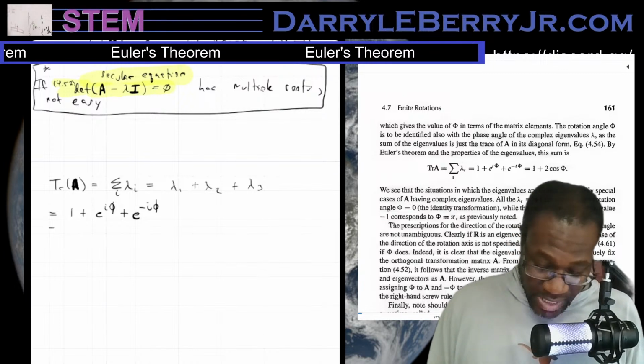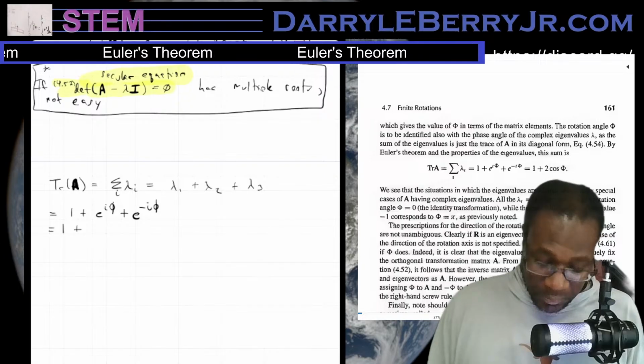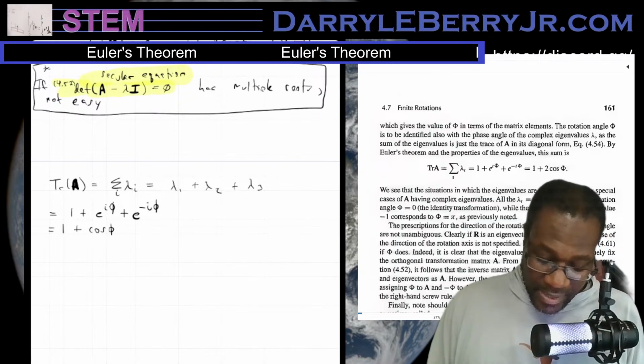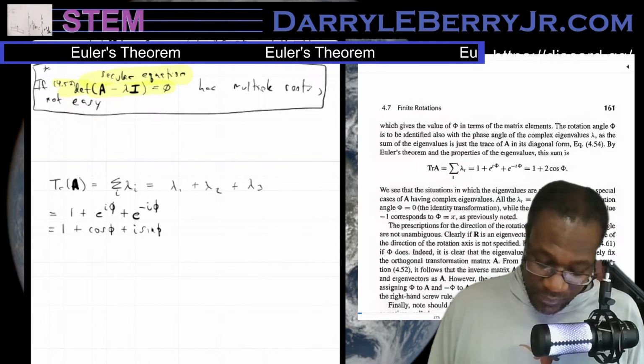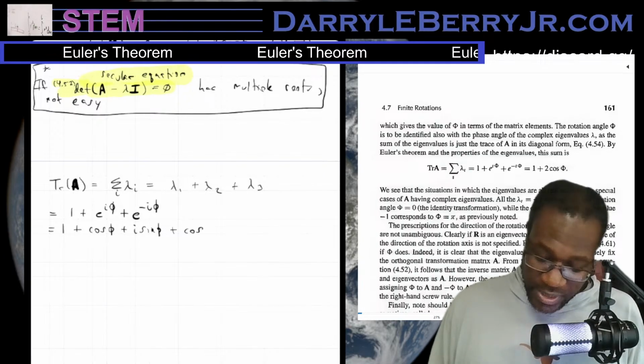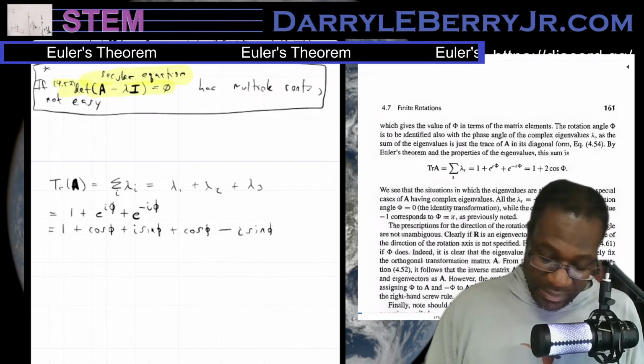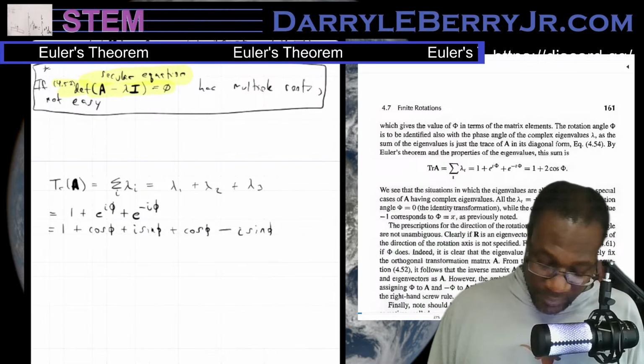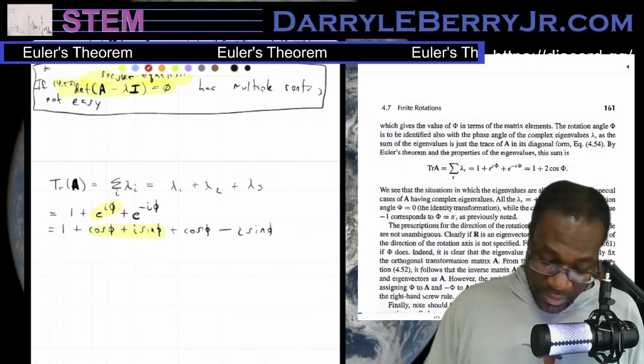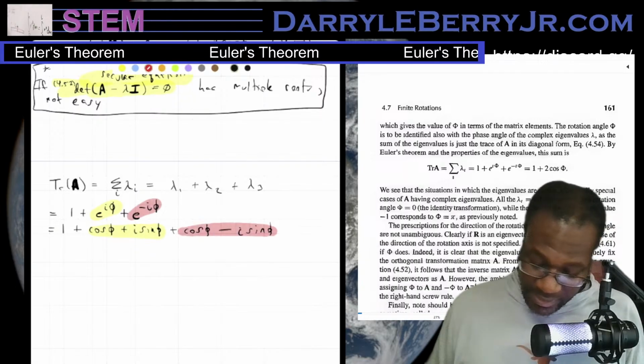Now, if I was to flesh this out, this would be 1 plus cosine phi plus i sine phi plus cosine phi minus i sine phi. So looking at this, this expands to that, and this expands to that.